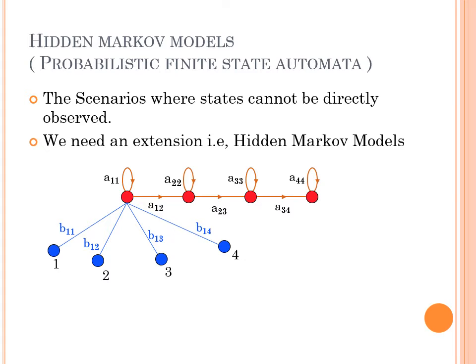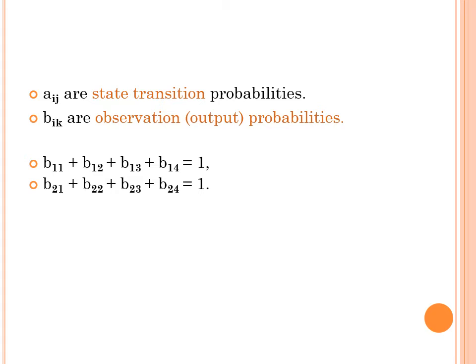Exactly four observations we can see here. So A of ij is the transition probability and B of ik is the observation, that is the output probability, and these are denoted like this, both equal to 1. That is, four observations we noticed, which is given over here.